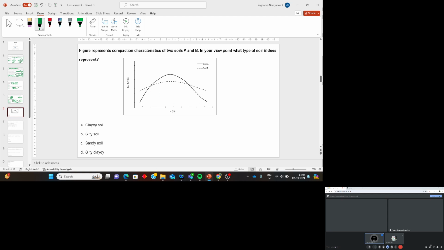Okay, let me explain it. Let us consider these curves. Let us consider this moisture content. This one has a lower density and this one has a relatively higher density. Now let us consider this water content.